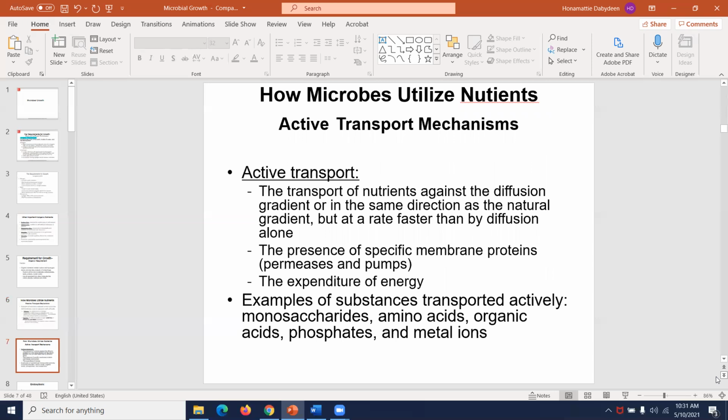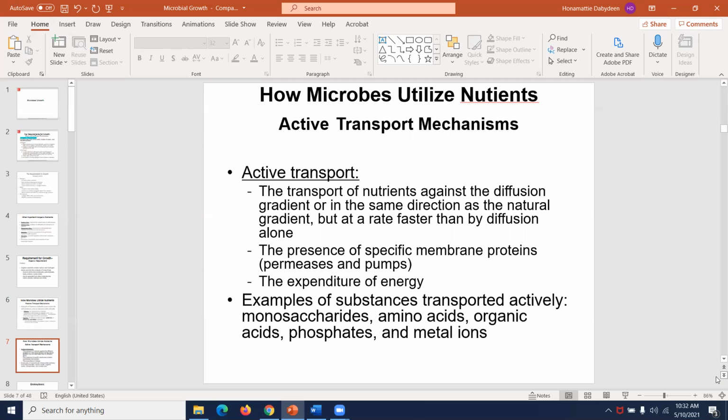Now, active transport may be against a diffusion gradient, or it could be in the same direction, but it's at a faster rate than diffusion alone. Active transport usually requires some energy. Materials that are actively transported are too large to go through the pores of the membrane.